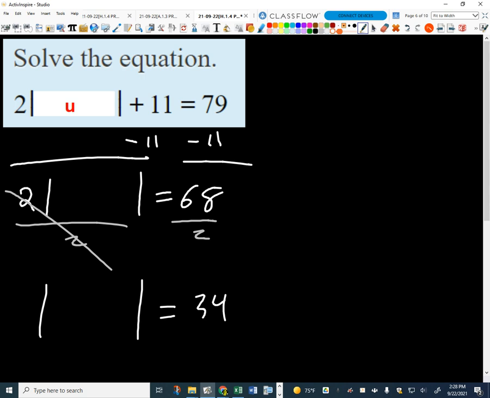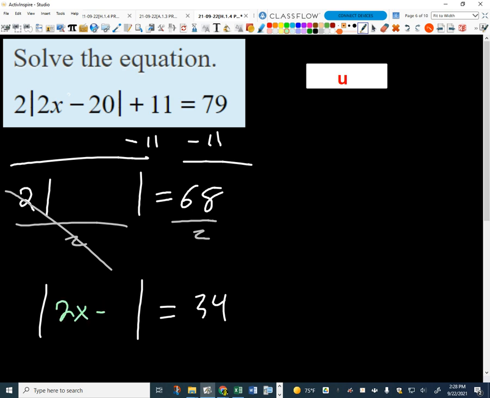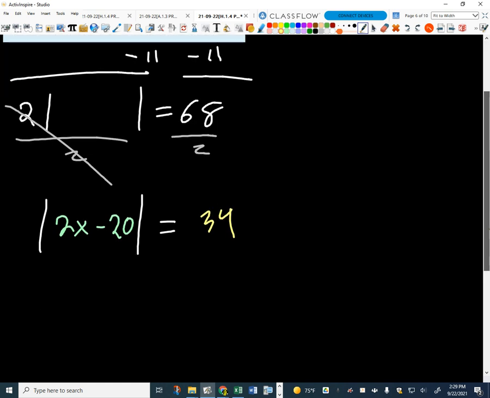Good? Okay, well now we can look inside. What's inside? Okay, well, turns out what's inside is 2x minus 20. We'll do something else too. I'm going to make that yellow. Okay, we isolated the absolute value.